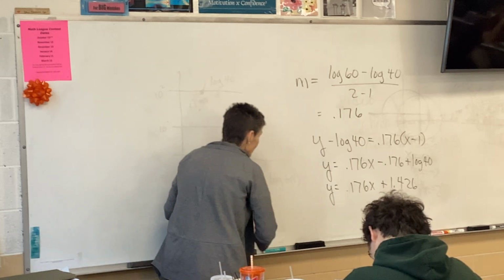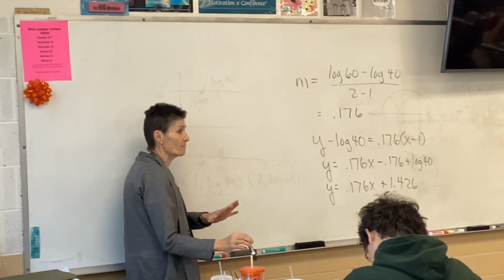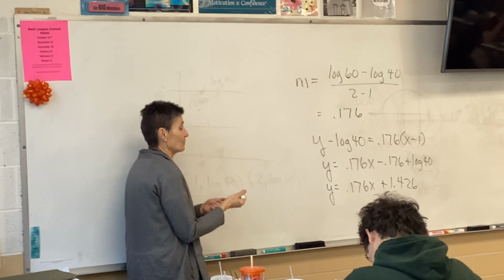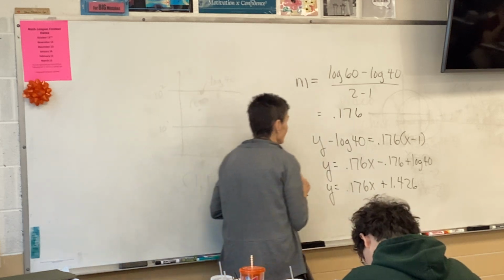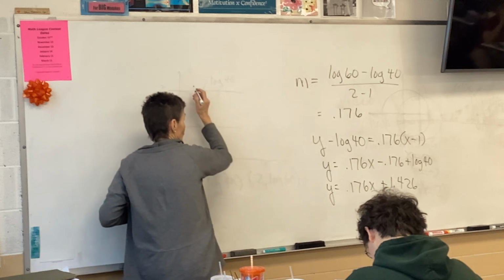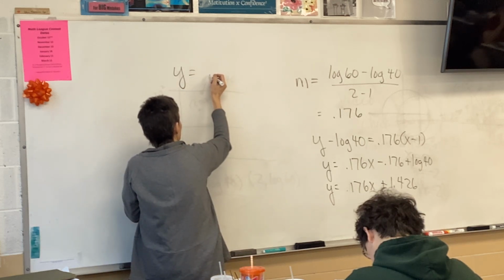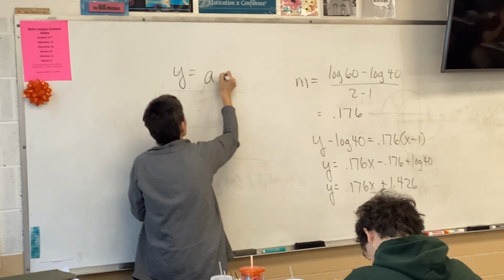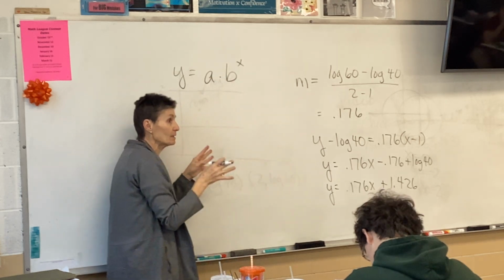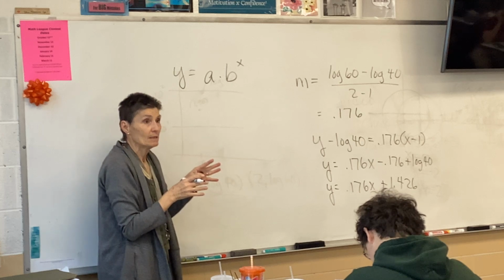Again, all this information is in that little formula he gives you, but think about it: what does an exponential look like? y equals a times b to the x. So basically we have to find a and b.